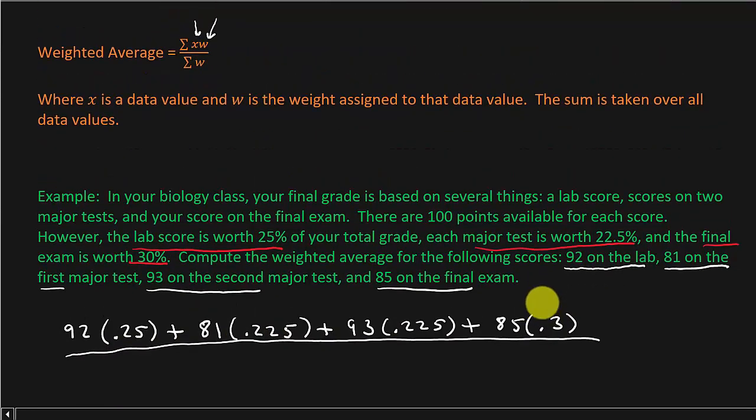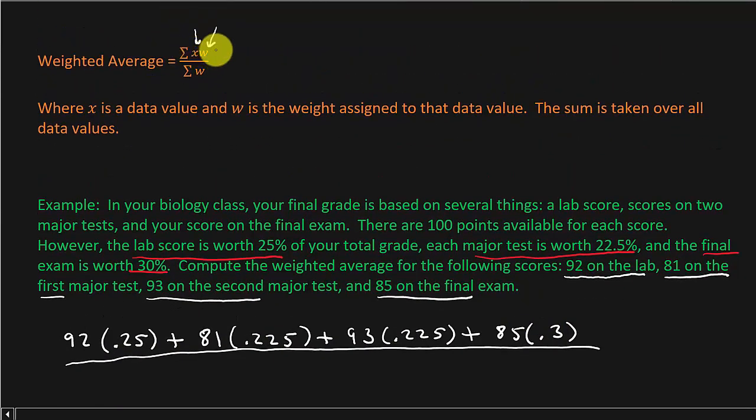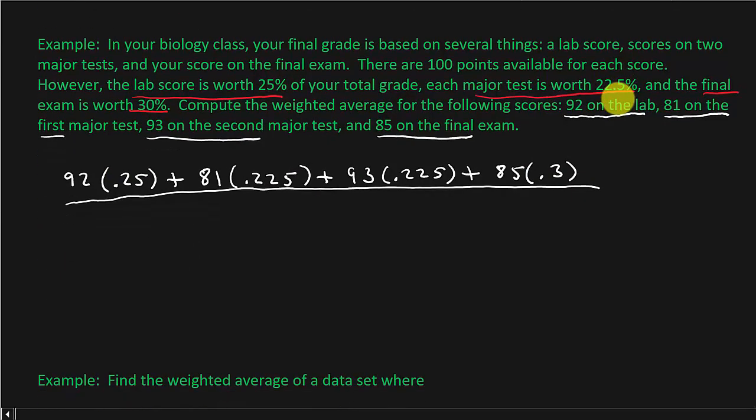Okay, and that's what this means right here, x times w. Sum all x times w plus x times w plus x times w plus x times w. That's what that means. And then divided by the sum of the weights. And so that's going to be 0.25, that's the lab.